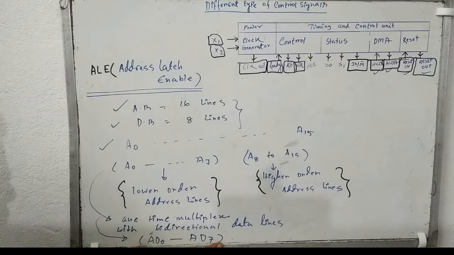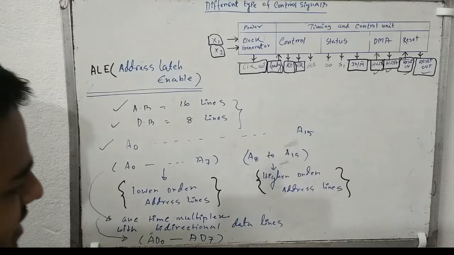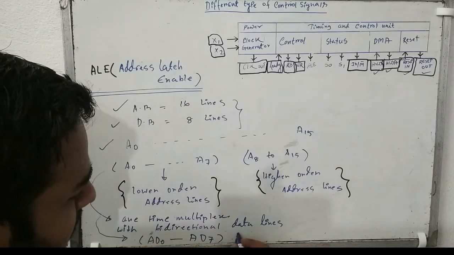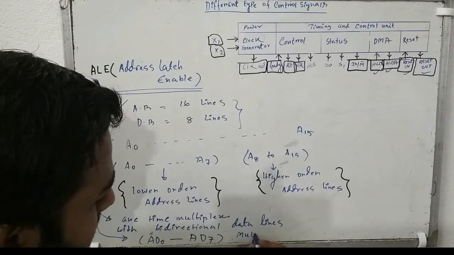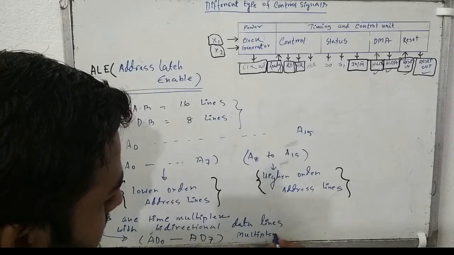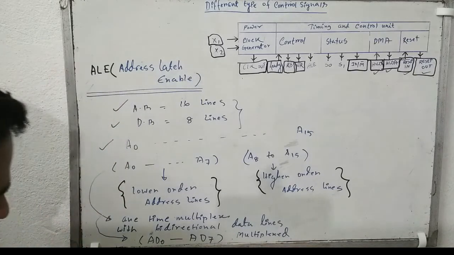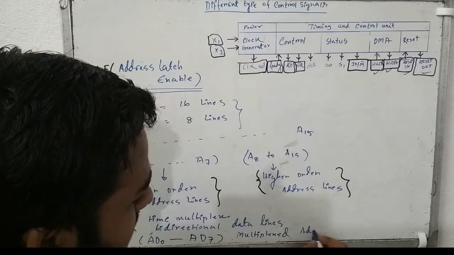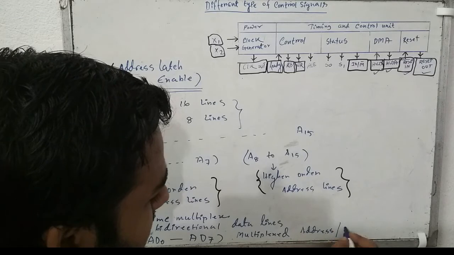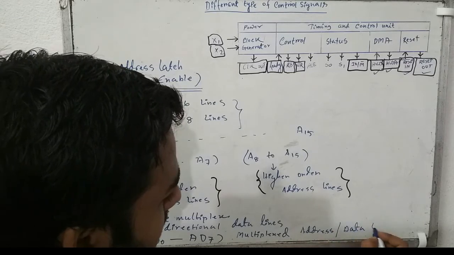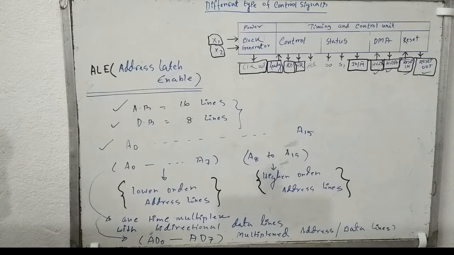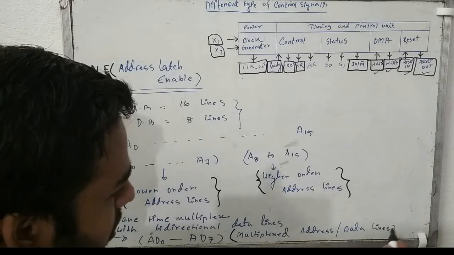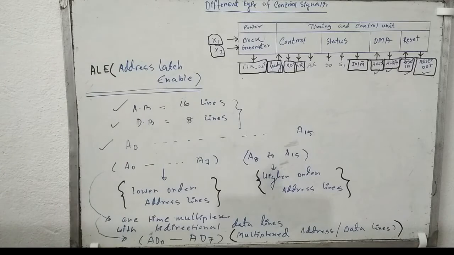This line is called the multiplexed address data lines. So this lower order line is called the multiplexed address data line. What does it mean?